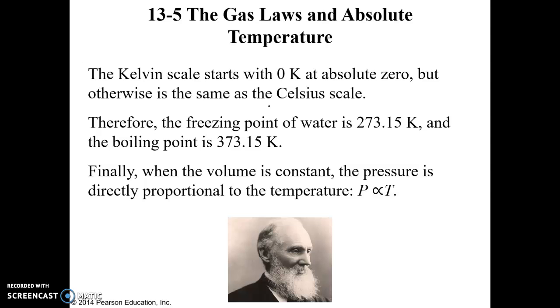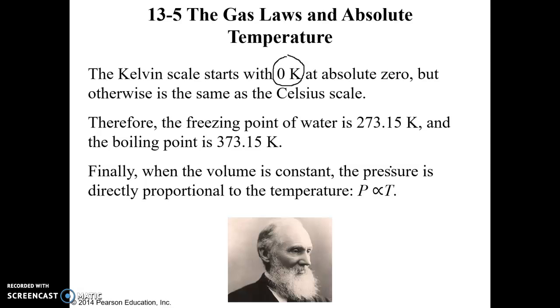So it's similar to the Celsius scale, except that instead of 0 starting at the freezing point of water, in the Kelvin scale, 0 is absolute 0. So it starts at the coldest theoretical possible temperature. And then we start going up from there. And 1 Kelvin is equal to 1 degree Celsius.